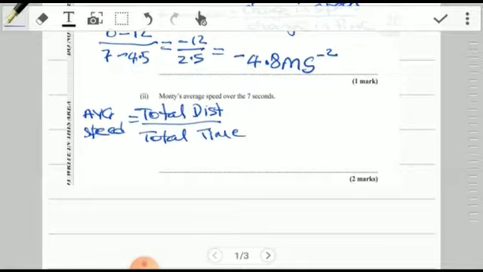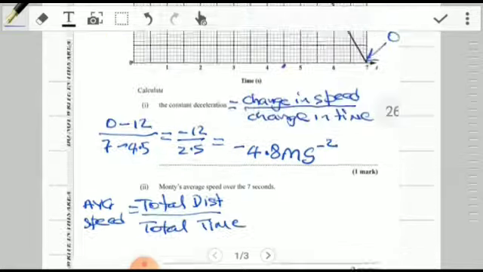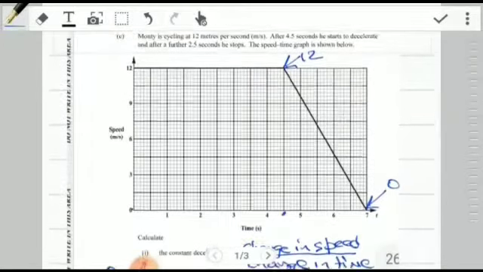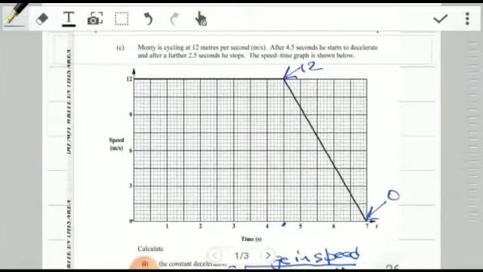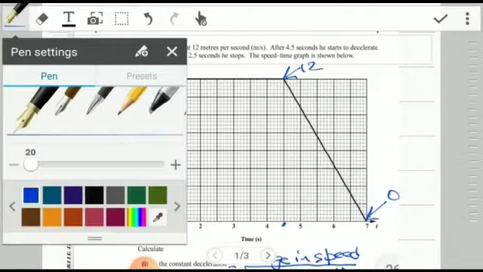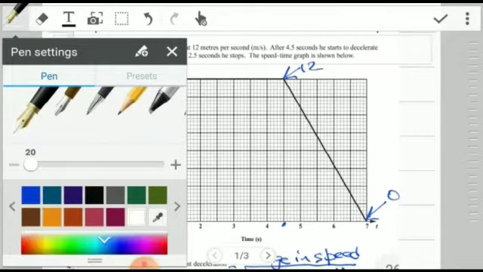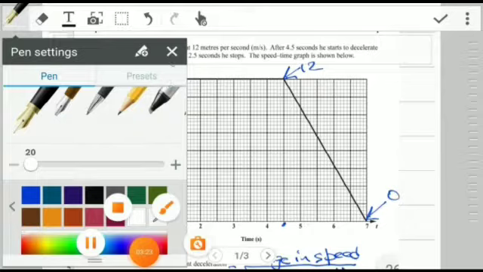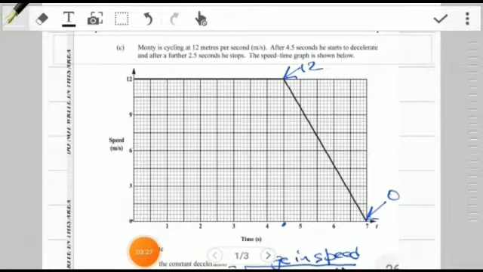Now, we would have to make an effort to find the distance. The total time was 7, but the distance was not given, so we will have to work out the distance. When we're looking at a speed against time graph, we can easily use the distance covered under the graph.